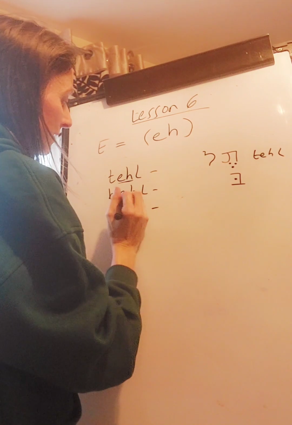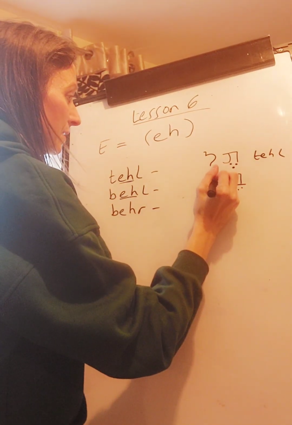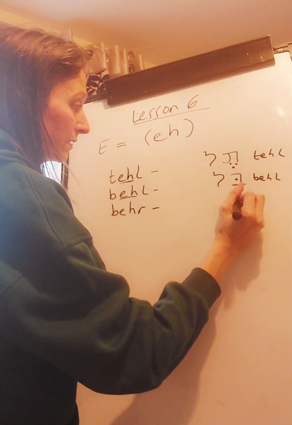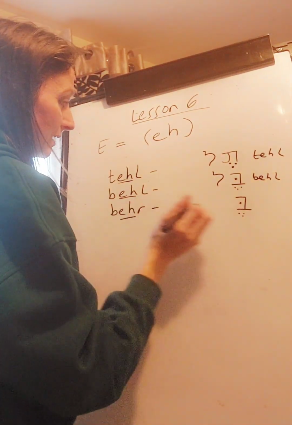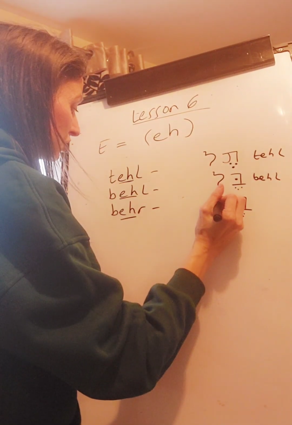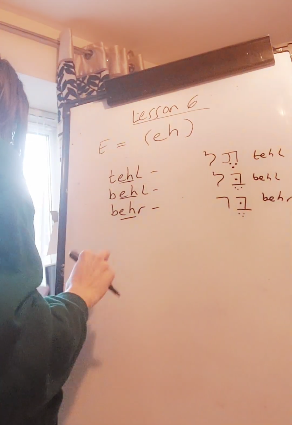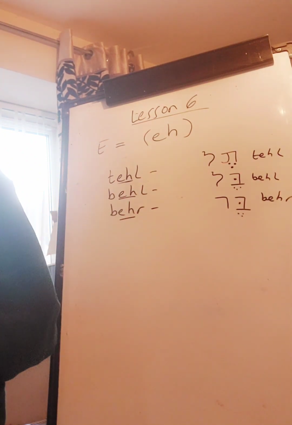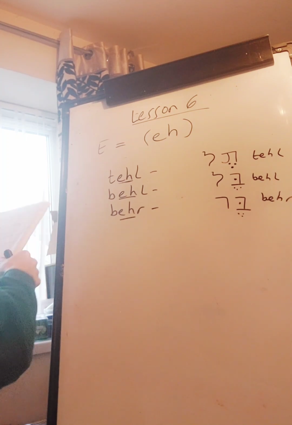Again, we want the E vowel, and the L on the end, Behl. And Behr, again B, but it's the air sound, so put the vowel in, and the resh, Behr. So remember, a consonant can only have one vowel.